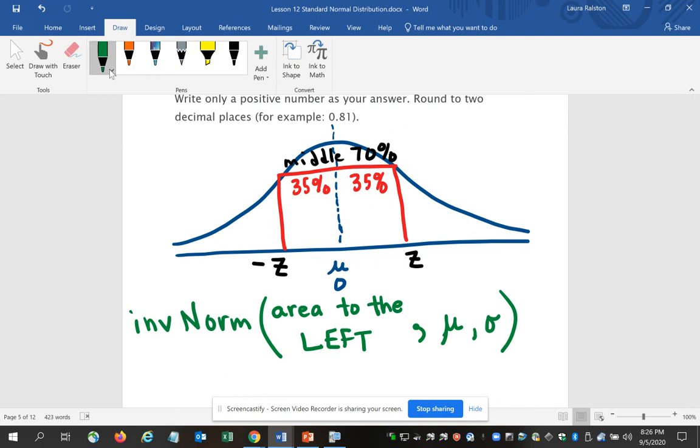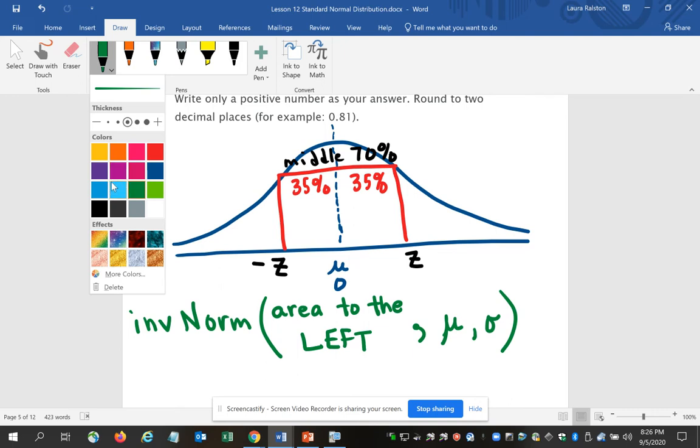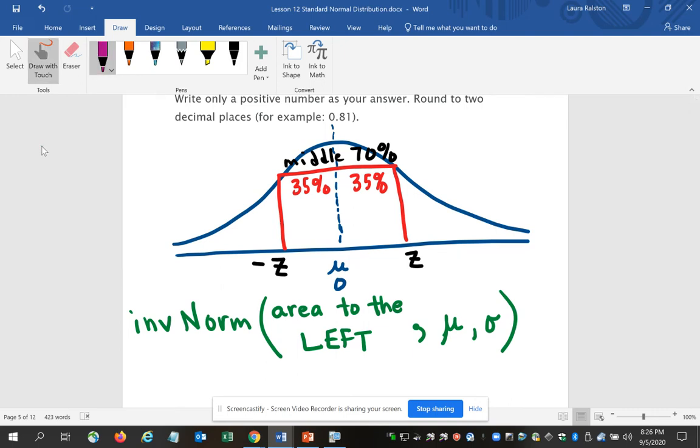So I need to think about this for a minute, and hopefully this will make sense to you. Again, we have a total of 50% below the mean and 50% above the mean.